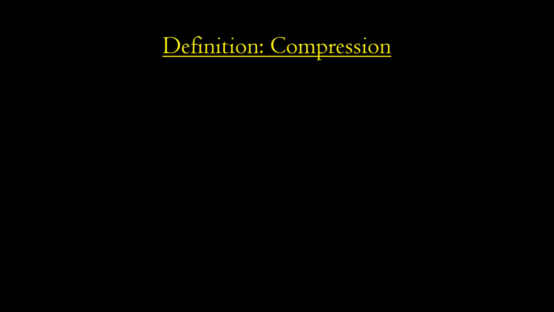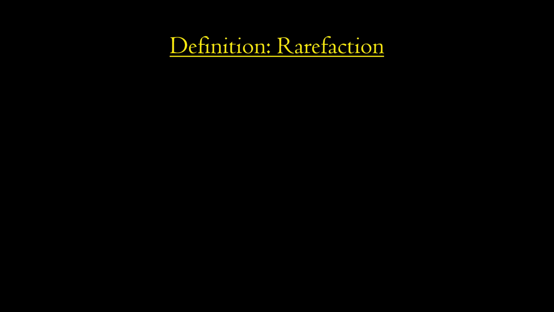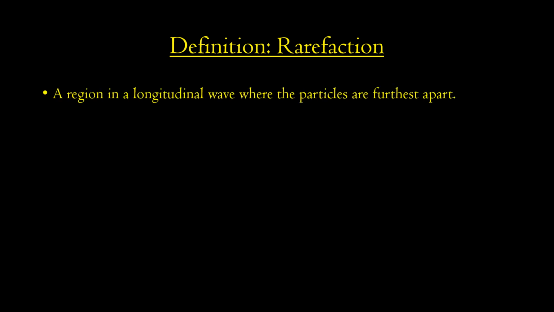Therefore, we can define a compression as a region in a longitudinal wave where the particles are closest together, or a region of high pressure in a longitudinal wave, right? A rarefaction can be defined as a region in a longitudinal wave where the particles are further apart from each other, or a region of low pressure in a longitudinal wave.